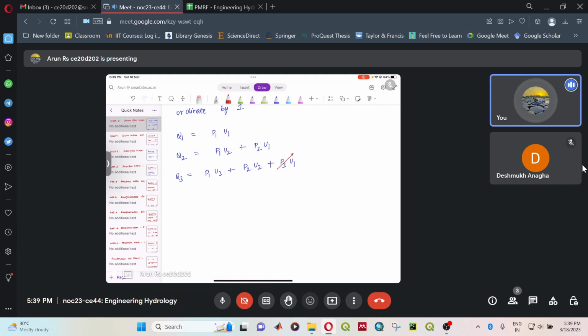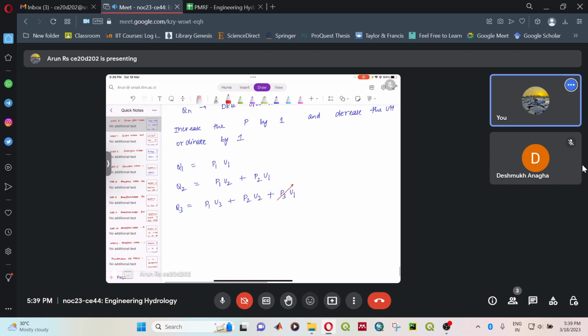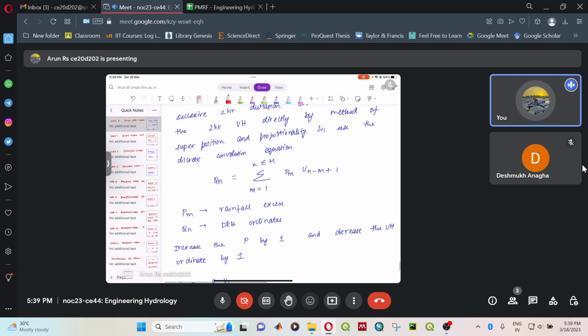So in a similar way, we can write for n number of ordinates. But we need to determine how many ordinates are possible with this complex storm.